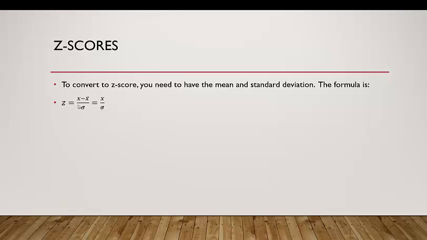Our formula is x minus x bar over standard deviation. And again, this is confusing sometimes: this is a capital X on each of these. So individual score minus the mean, equals, this is a little x. So the little x is the deviation from the mean over standard deviation. So let's put this into play.